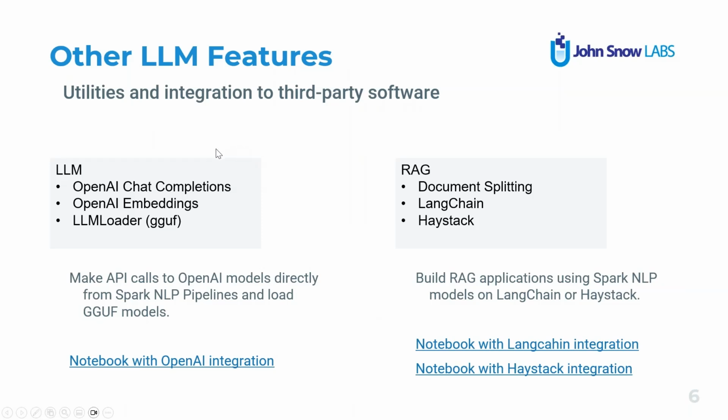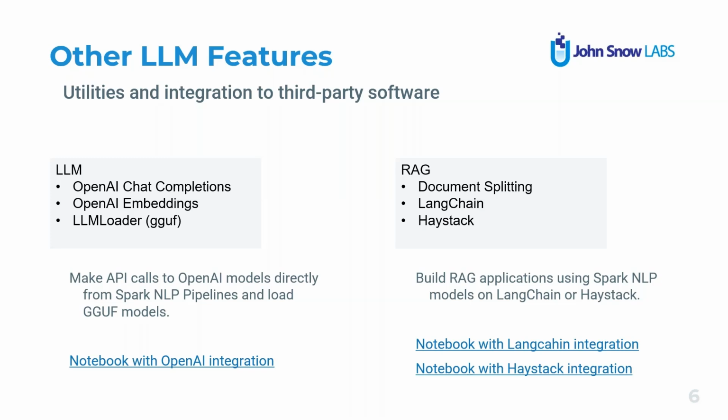Other features that are specifically created for LLM applications that we support are working with OpenAI. For example, we can add a stage in our pipelines that will query OpenAI models for something. So we can query it using the completions for getting answers from prompts, or we can also query it to get embeddings of documents that we send to OpenAI, and then we can use those models directly inside our pipeline.